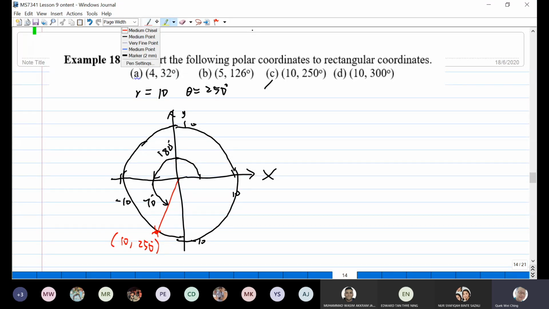If you draw the picture, you'll find that the x coordinate is negative. This x here, negative. The y coordinate also negative. Both of them on the left side and downside. So y is negative, x negative now. So this x here, y here.